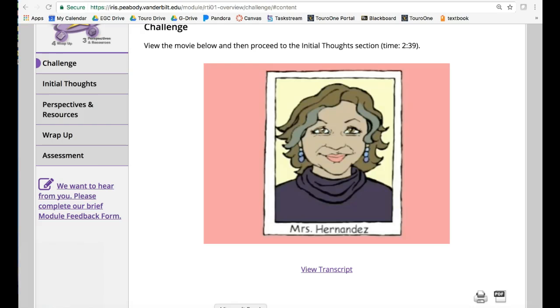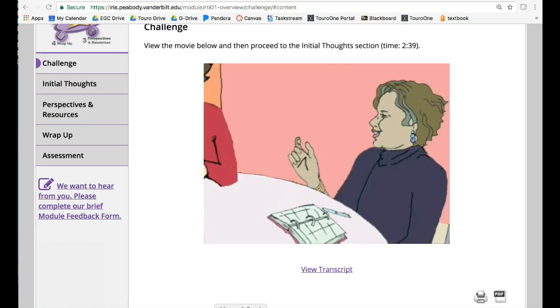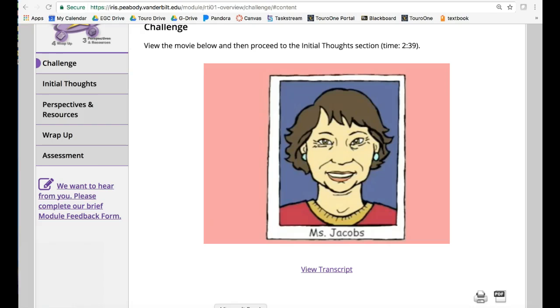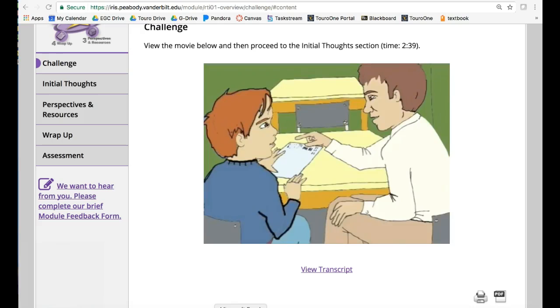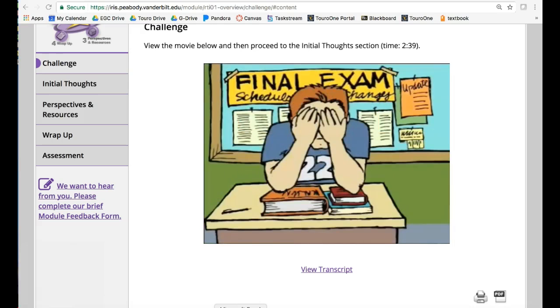Mrs. Hernandez, an experienced first grade teacher and lead member of the S-Team, says they see this problem all the time. In fact, she believes that too many first graders struggle with reading, and she wonders how many students there are who end up like Mr. Hess's third grader, who is now failing because he can't read well enough. She's confident that what's needed is a new approach. Ms. Jacobs, the lead special education teacher, says that most of these struggling readers do not require special education services, but they do need some sort of additional intervention to give their skills a boost. Ms. Jacobs stresses that many students who have trouble with reading in the early grades continue to have problems throughout school.